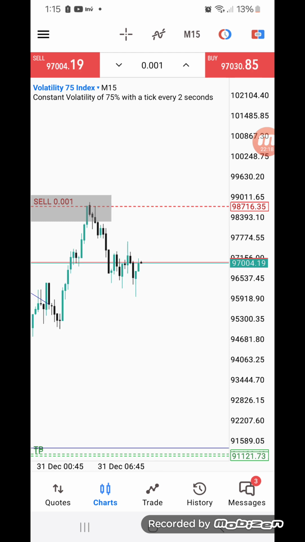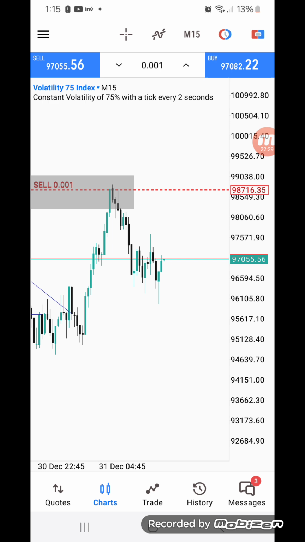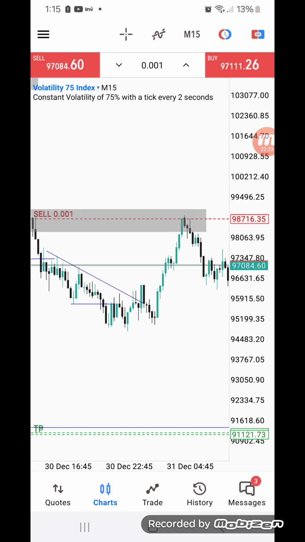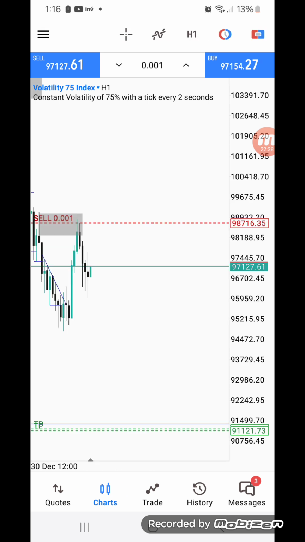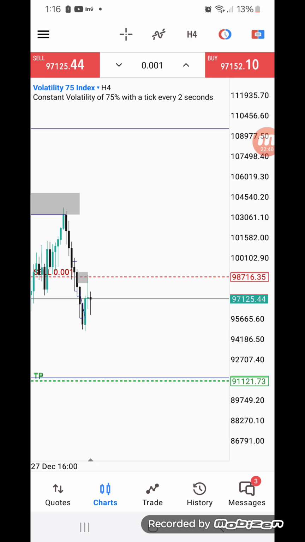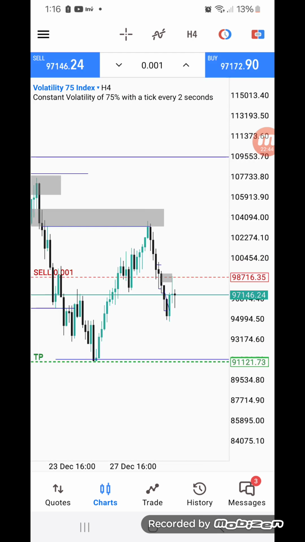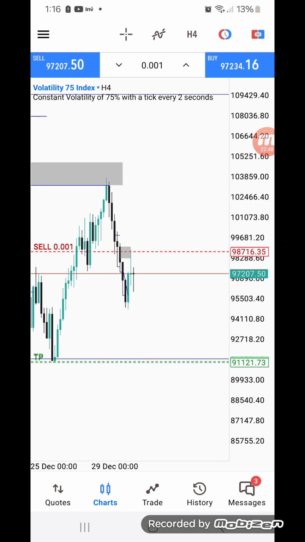In my account, I only had $1, and the progress is doing very well. I was able to put a few positions, only 3 positions, and now you can see we are headed well, and my take profit is at the major sell side liquidity, on the 4-hour time frame, where it can be seen clearly.